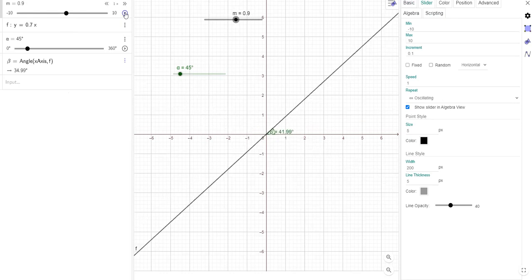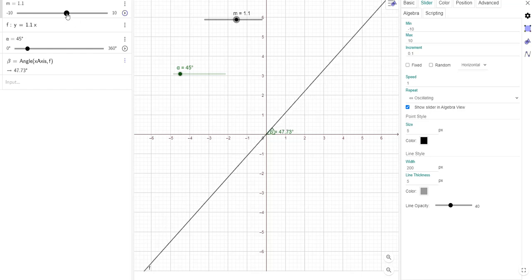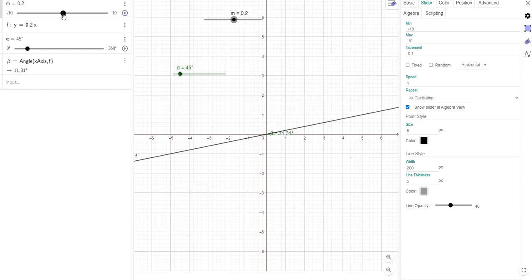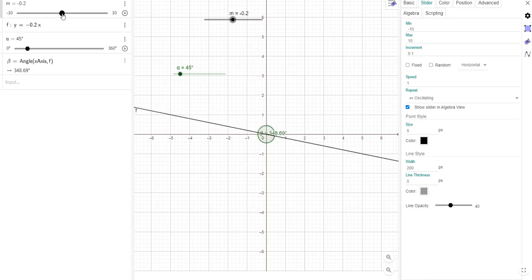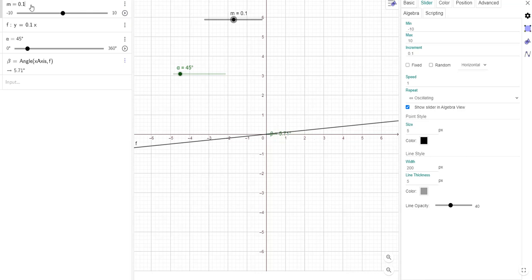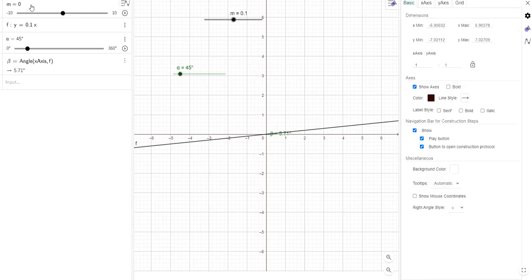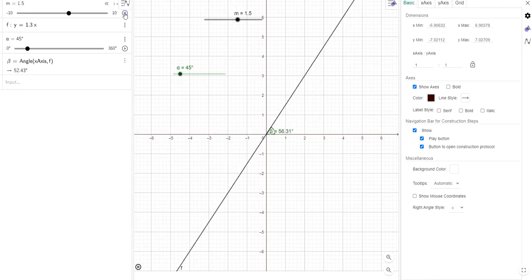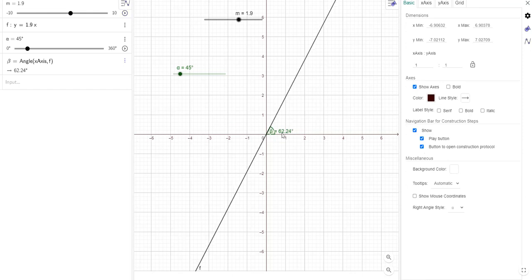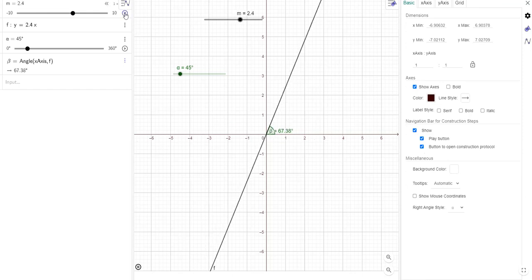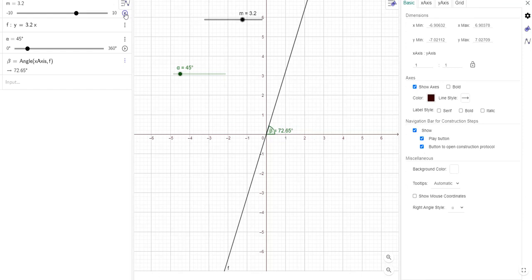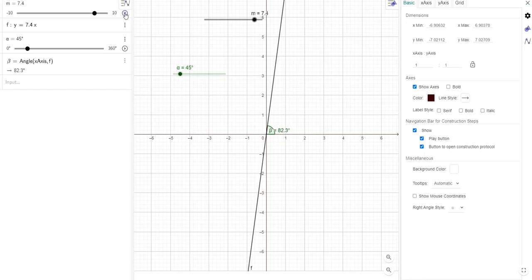Now, when m is 0, beta is 0. When I start, beta is acute, then beta is still acute. Beta goes close to 90 degrees.